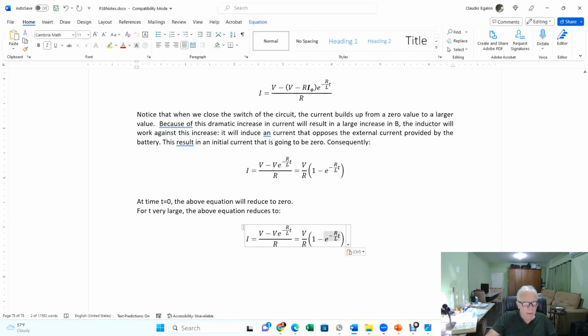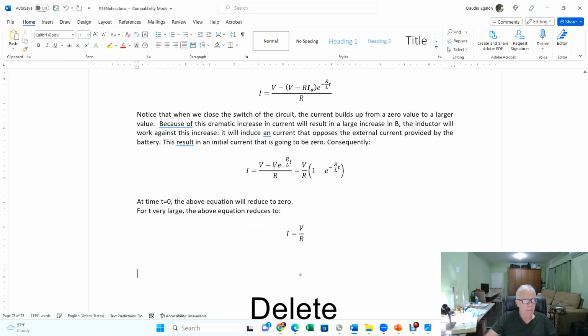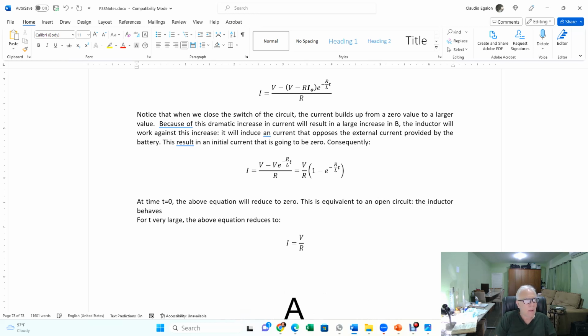This term disappears, right? So it reduces to V over R. So this is equivalent to an open circuit, right? To an open circuit. The inductor behaves as though it is a broken wire.